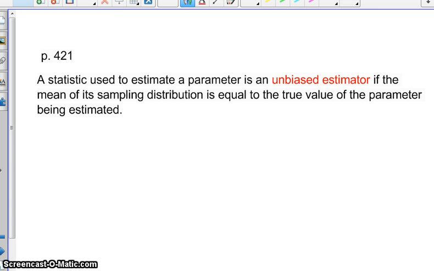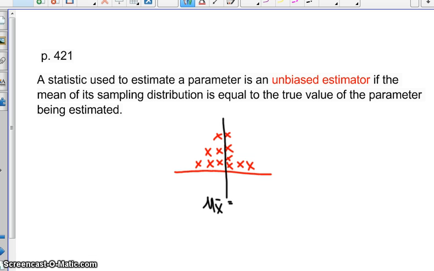All right, so the statistic that we calculate, we're going to say is unbiased if the mean of my sampling distribution, once I've put together this distribution of all possible samples of the same size from the same population, once I find the mean of that sampling distribution, it's going to be equal to the mean of my population.